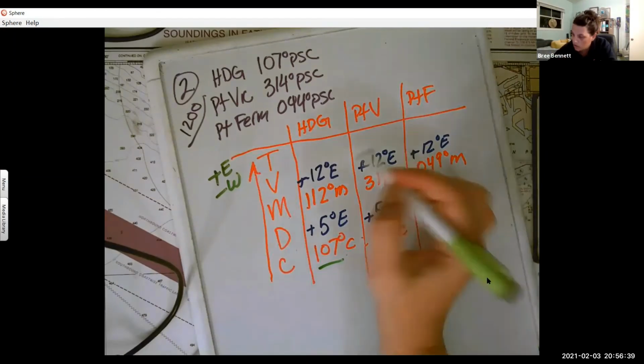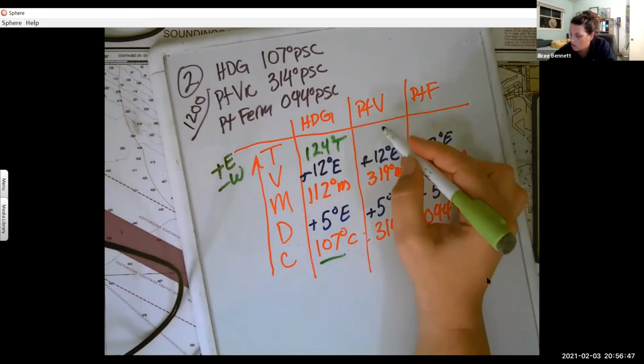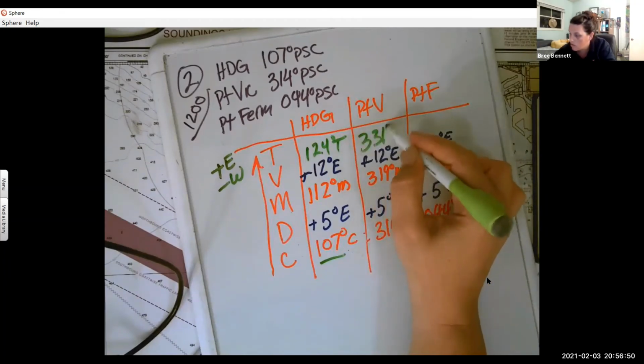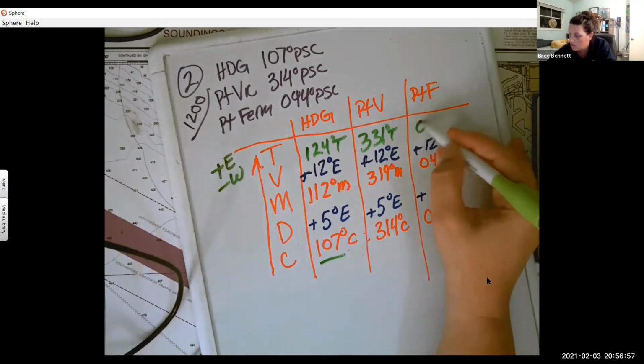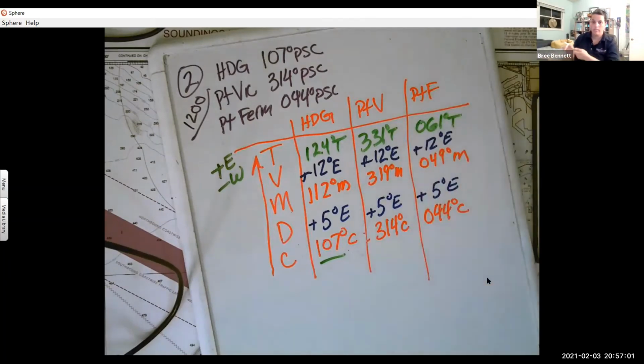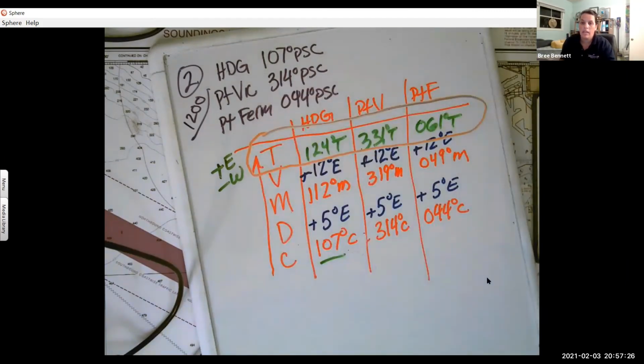So that's 124. So I got my true values. And now I can go to the chart to plot those.